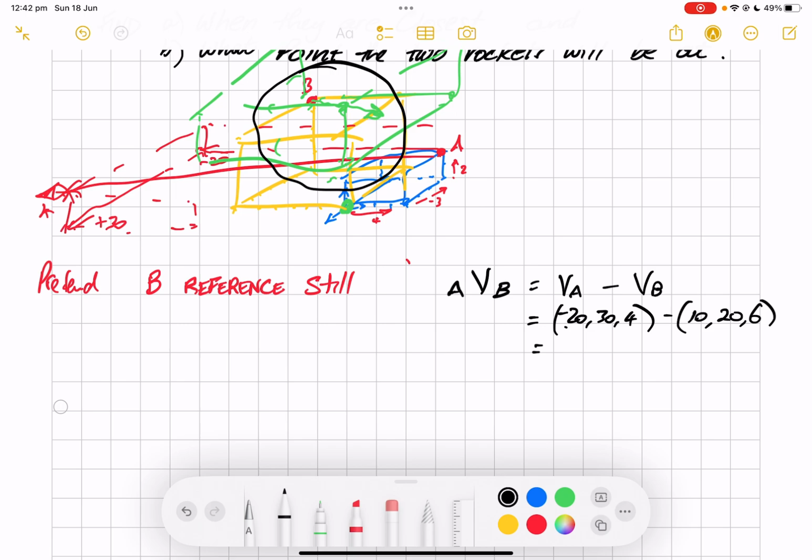Negative 20, take away 10, so if B stays still and just watches A, A is moving back at negative 30 kilometers per hour.